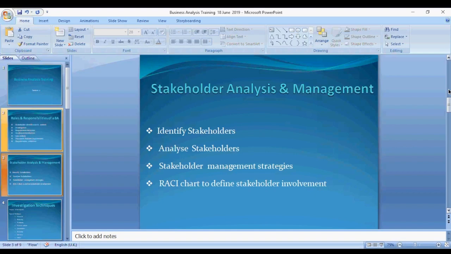So then we'll move on. Now that you've identified your stakeholders and you have all the names of the people you need to contact, you need to analyze who the stakeholders are. You have various levels and various powers that you can put them in. There are some stakeholders that you need to manage very well.